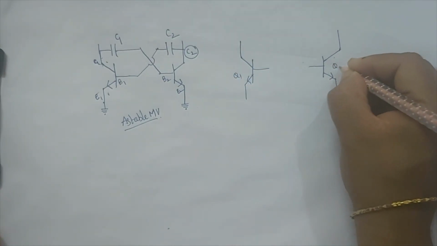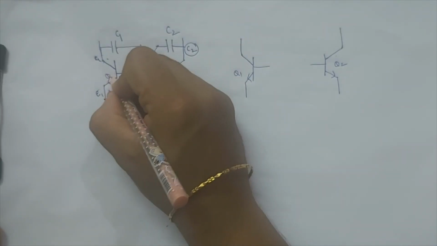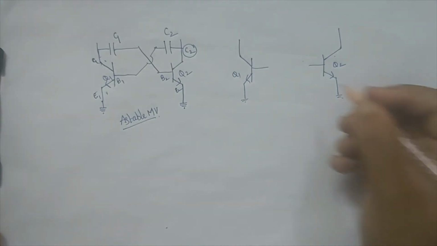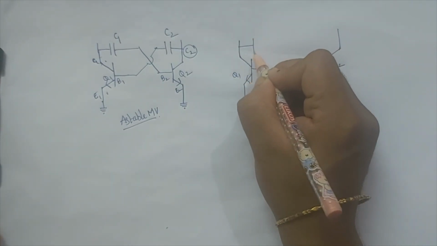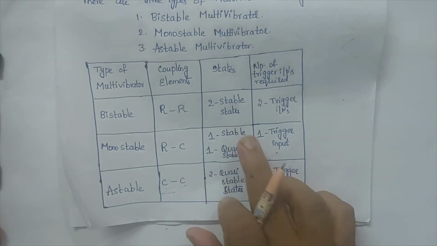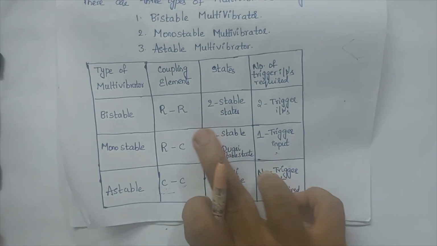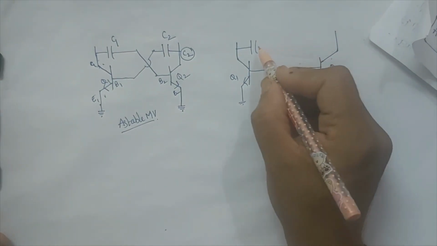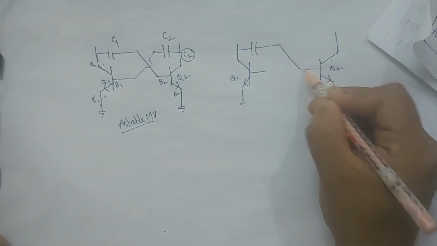Next, let us draw monostable. Name the transistors as Q1 and Q2 here also. Emitters should be grounded. Monostable has one stable state and one quasi-stable state. The elements are a resistor and a capacitor. So I am taking the capacitor here.